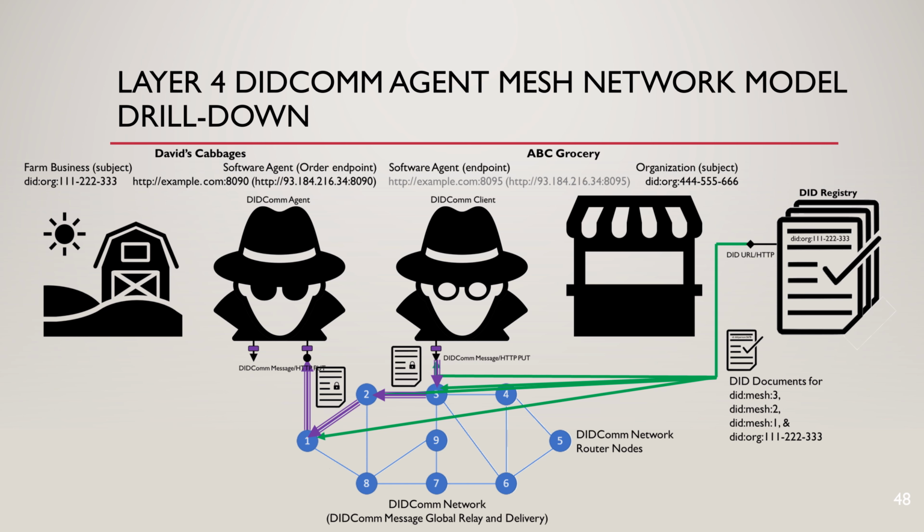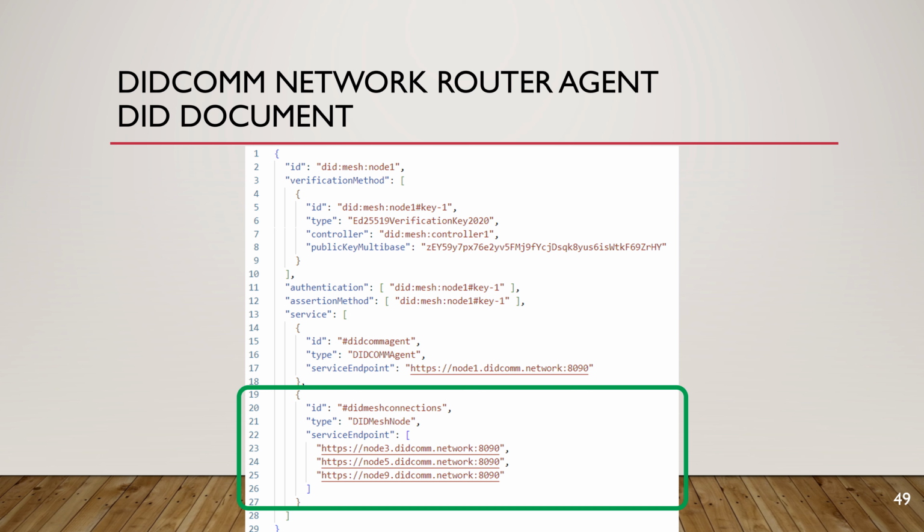So how does, let's say, node 2 here know that it's connected to node 1, 8, and 3? Well, we're going to leverage the ability of the DID document. So normally you have a service endpoint, which would be the active endpoint of the DIDComm agent, of the DIDComm router node.